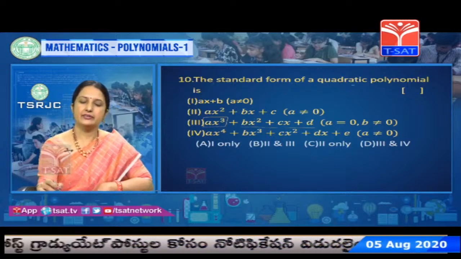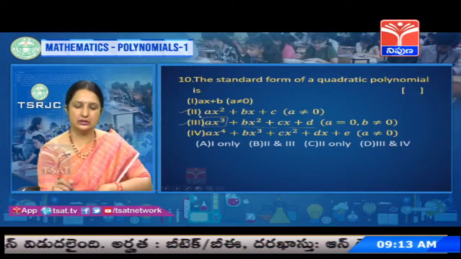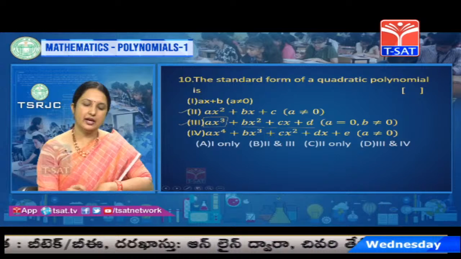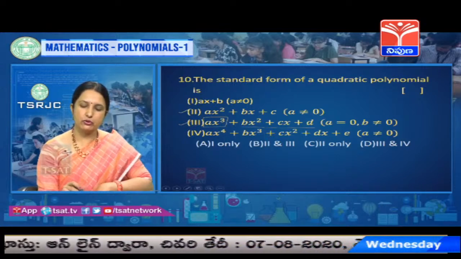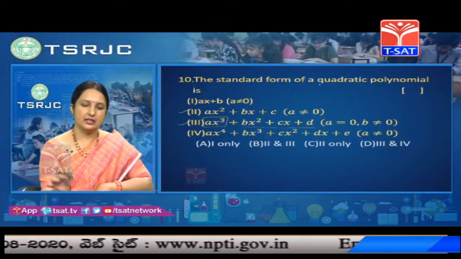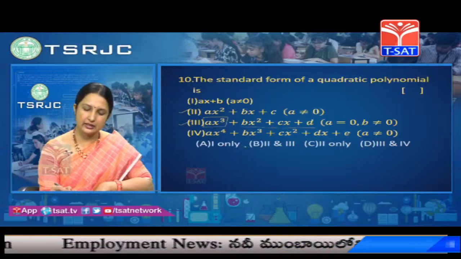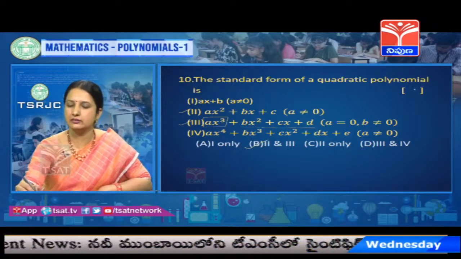So, the second and third both come under the quadratic polynomial. And the next, fourth one, power 4 is there, so it is a biquadratic polynomial. So, this will not come under this. So, second and third, 2 and 3, are correct. So, option B is the correct one.